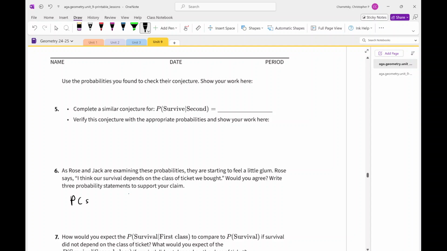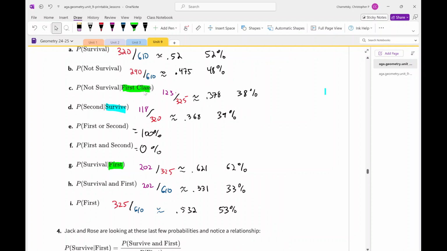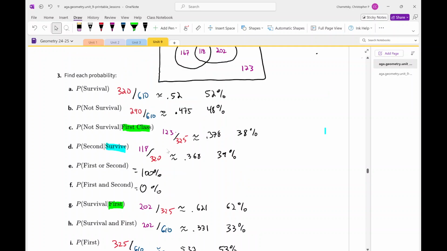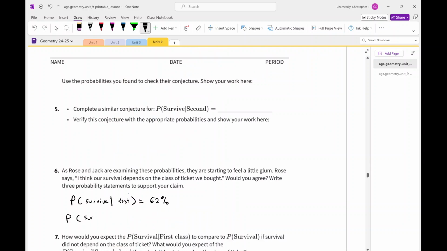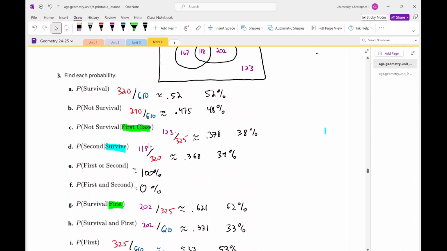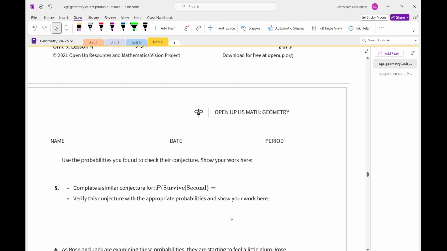The probability of just survival is 52%. Yep, 52%. So already we can see first class is doing better than just everybody in general.